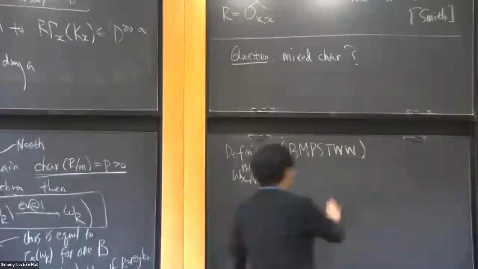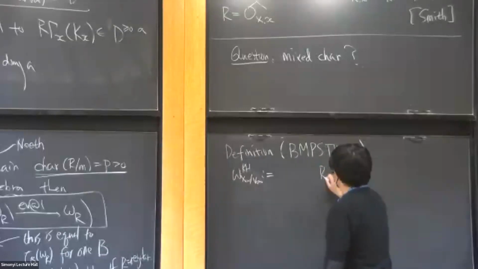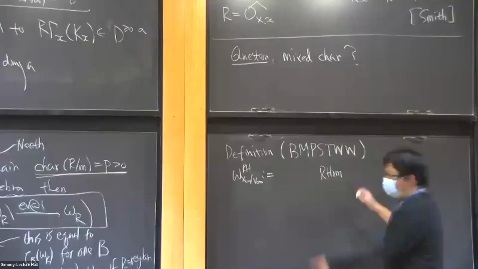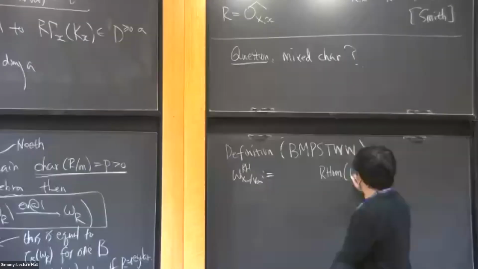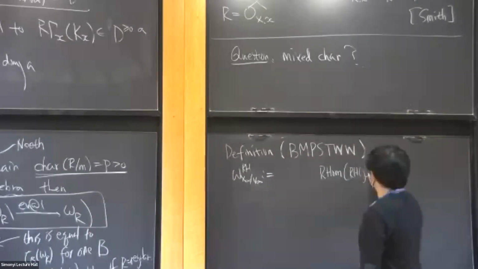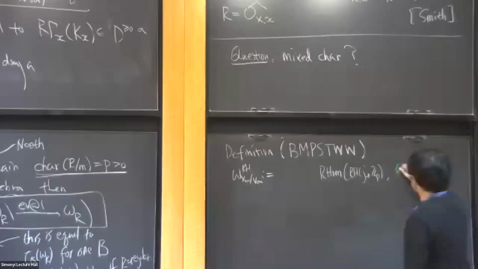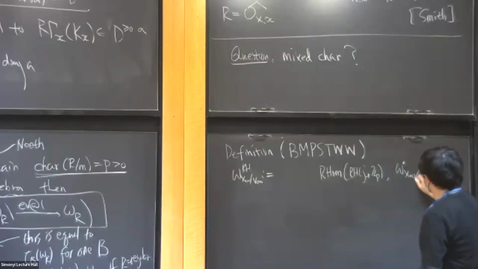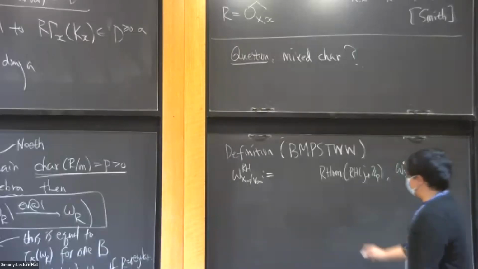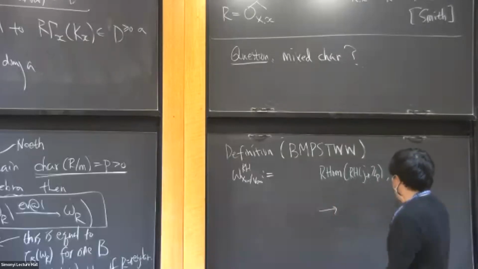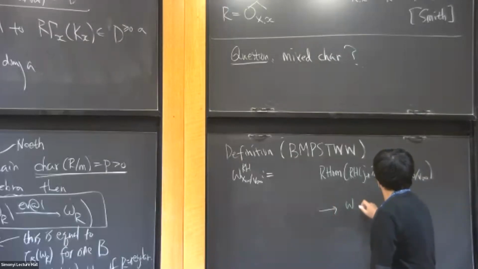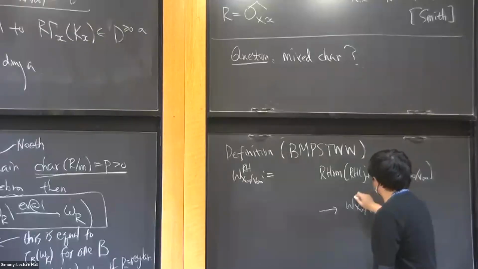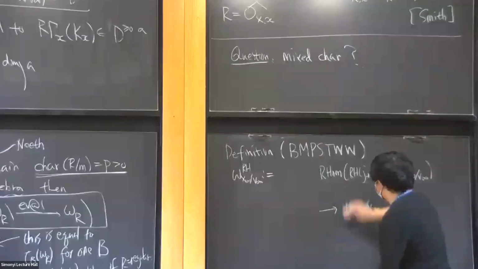You do it like that, you get a map from RHom of this, RH. Okay, so there's a map from here to this space.